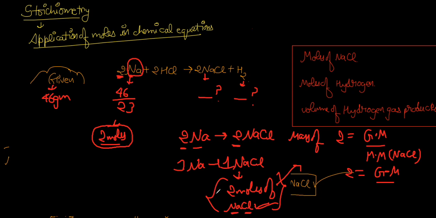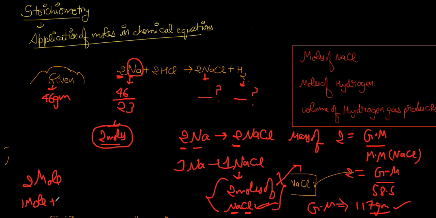So it equates to 58.5 roughly. So given mass will be 117 grams. Now let's say if they ask you to find volume of NaCl produced, you know the moles, 2 moles, you are already aware that 1 mole carries 24 dm cube. So 2 moles will have 48 dm cube. That's it. This is what they could ask you more.